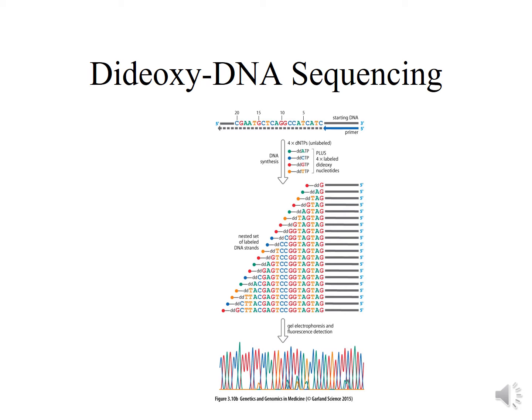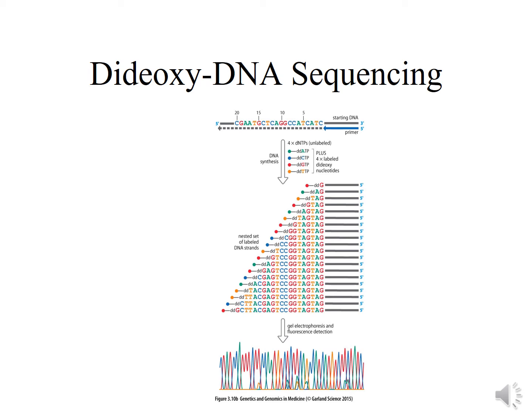So that would mean one fluorophore for dideoxy A, one fluorophore for dideoxy T, one fluorophore for dideoxy C, and one fluorophore for dideoxy G. The DNA copies will have a common 5' end defined by the sequencing primer, but variable 3' ends depending on where a labeled dideoxynucleotide has been inserted, thereby producing a nested set of DNA fragments that differ by a single nucleotide in length.